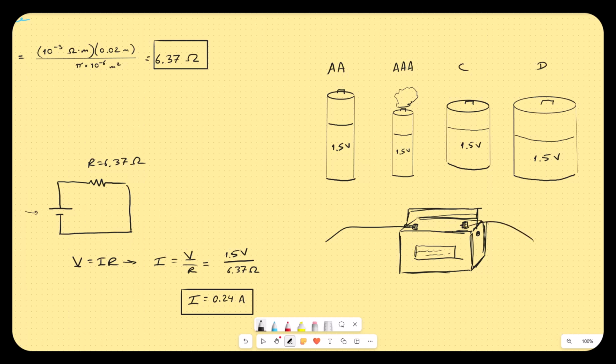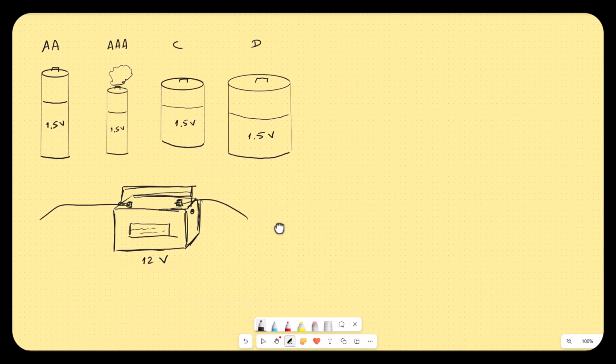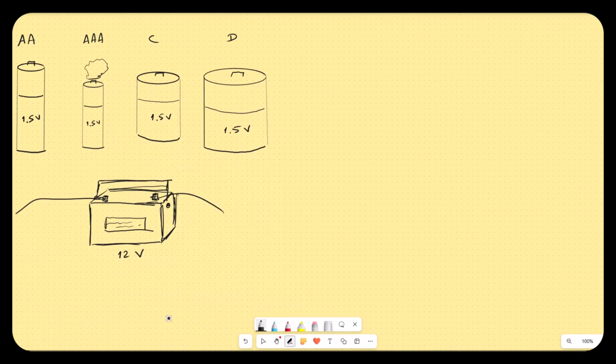A car battery is 12 volts, meaning with 8 of one of these batteries, you could start a car. It might not be enough to start your car more than once. There might not actually be enough to start your car even once as far as total amount of energy in there, but the voltage is correct.